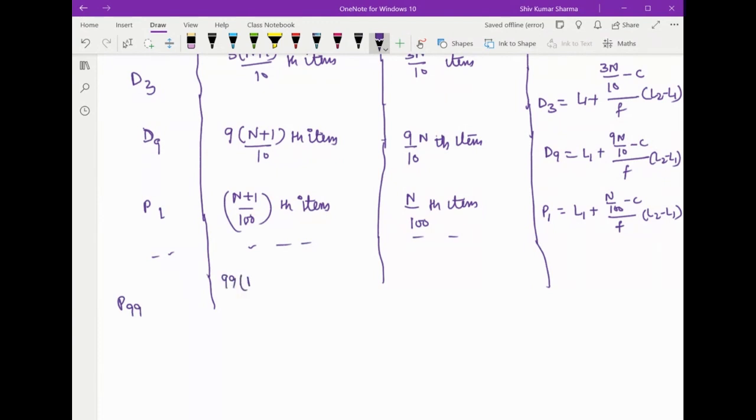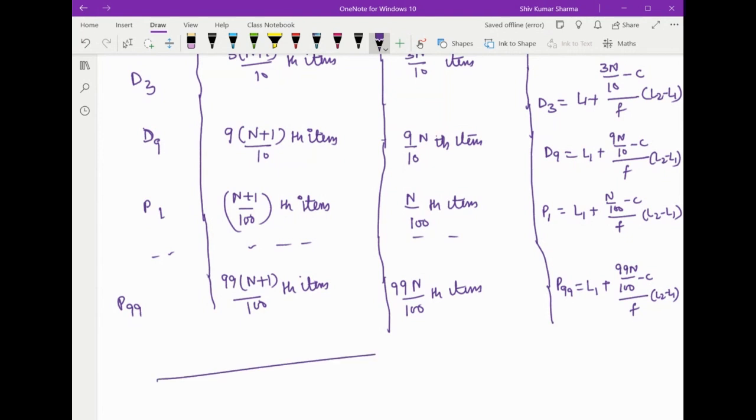For P99 we write 99 into (n plus 1) upon 100th item, and this is 99n upon 100th item, and P99 is equal to L1 plus (99n upon 100 minus c) over f into (L2 minus L1).